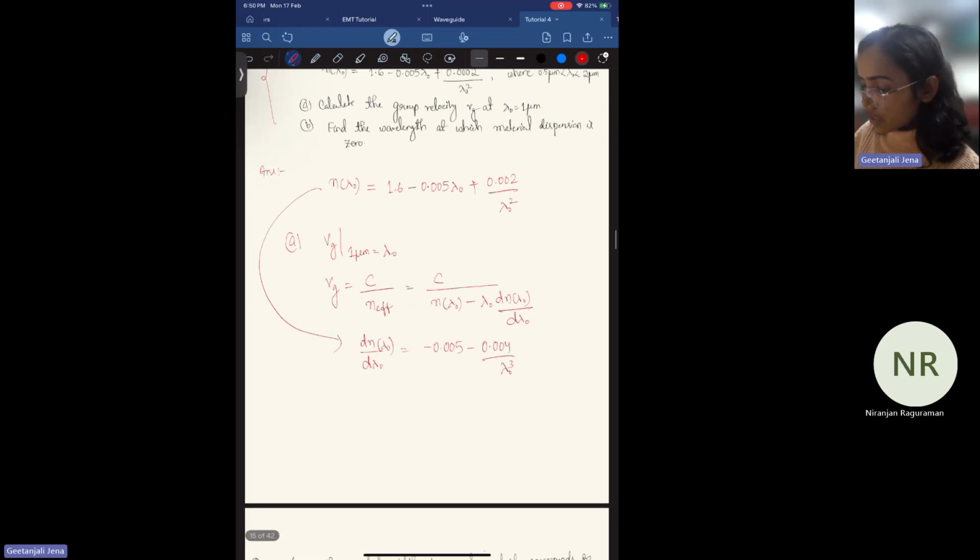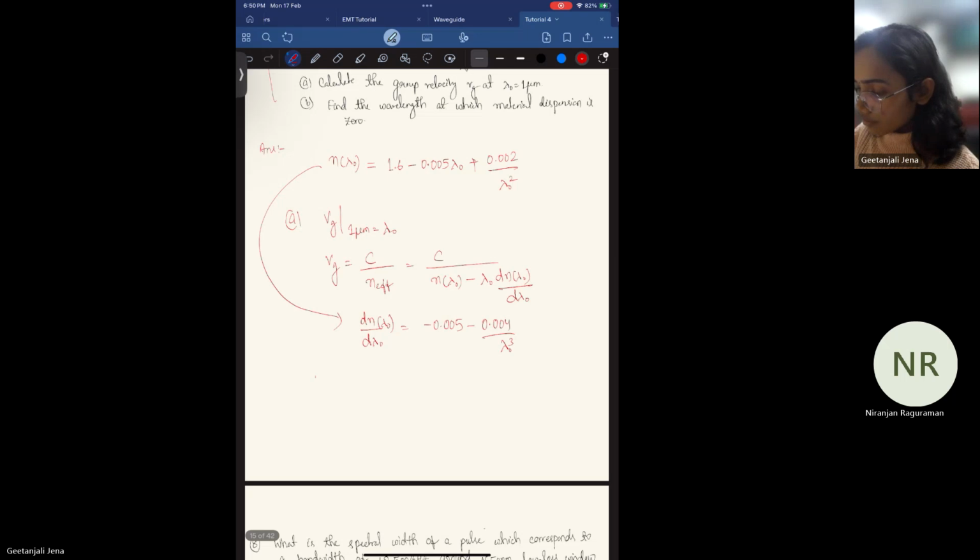So let us calculate Vg now. Vg is C over N of lambda 0 minus lambda 0 dN over d lambda 0, at lambda 0 is 1 micrometer.